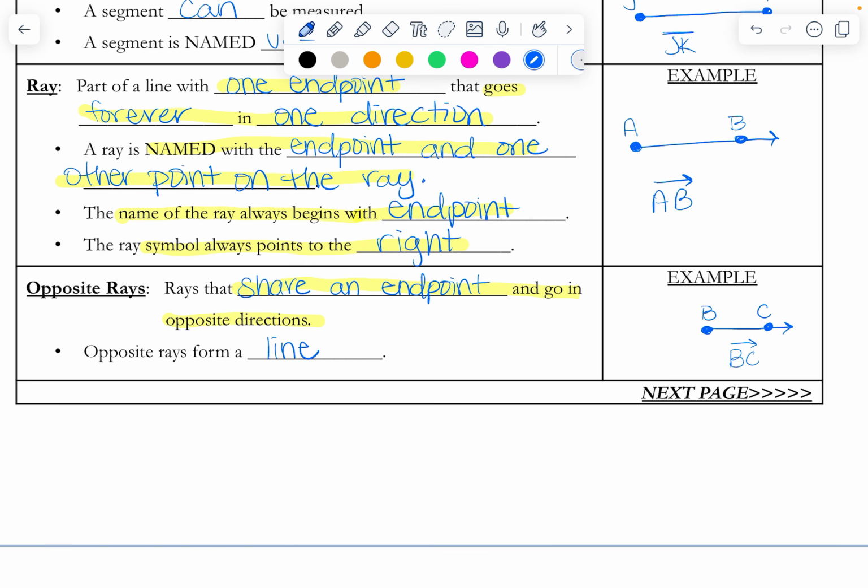So the other array's endpoint is still going to be B, but I'm going to make it go to the left instead, and I will put a point here to name this A. Okay, so this opposite array would be called array BA. And together, those two arrays form a line.